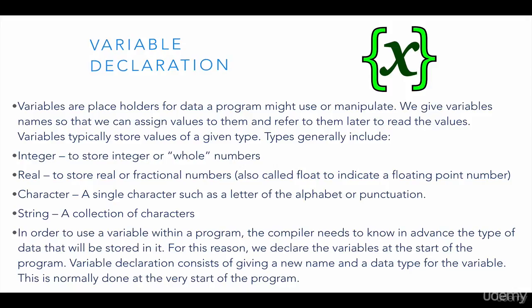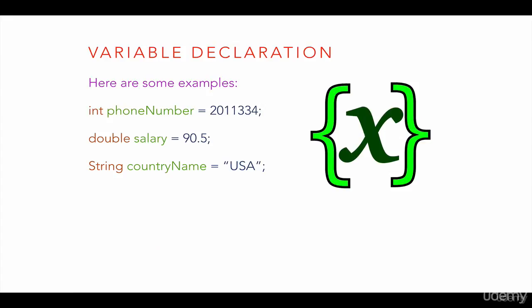Okay, so let's see some examples of declaring and assigning values to these variables. For example, imagine that I want to create an integer variable. The data type is integer, and the name of my variable is phoneNumber. As you can see, the style of writing the name of my variable is called camel case style.